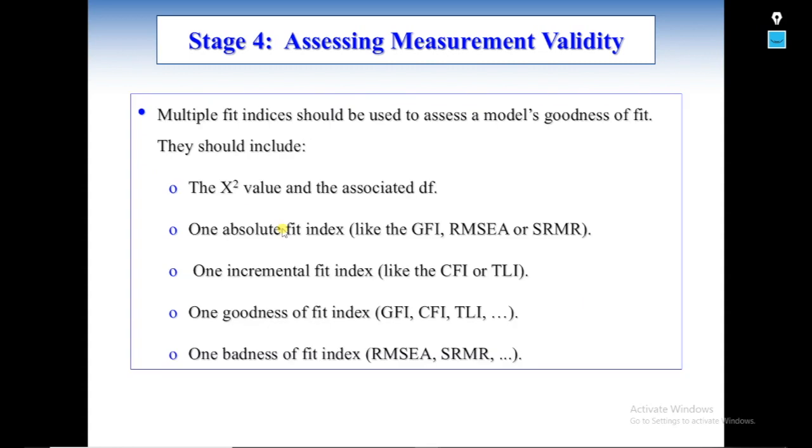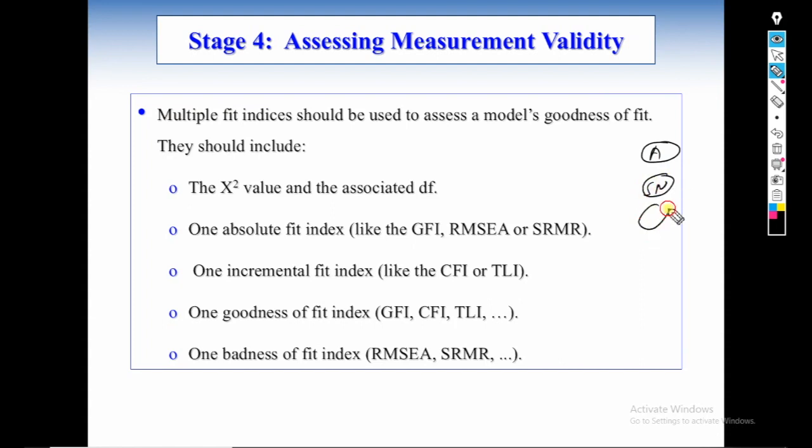So assessing the measurement model is basically checking whether my confirmatory factor analysis is valid or not. I need to find only 5 things for each construct. For example, in the theory of planned behavior there are 5 constructs: attitude, subjective norm, perceived behavioral control, purchase intention, and purchase behavior.